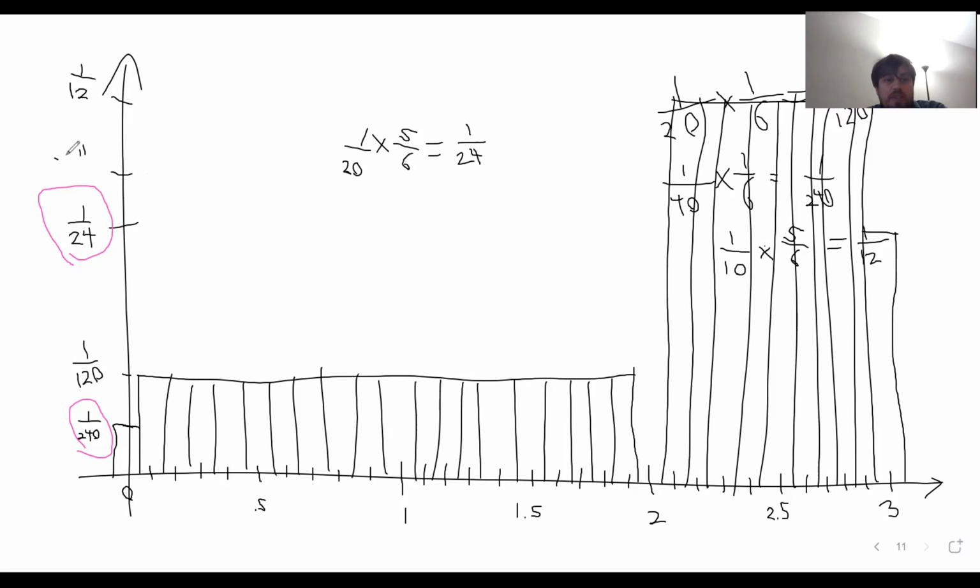This is 11 over 240, and this height is the height of 2. It's a little more likely than this one and less likely than the other one. And it's there. So that is the probability histogram for that one.